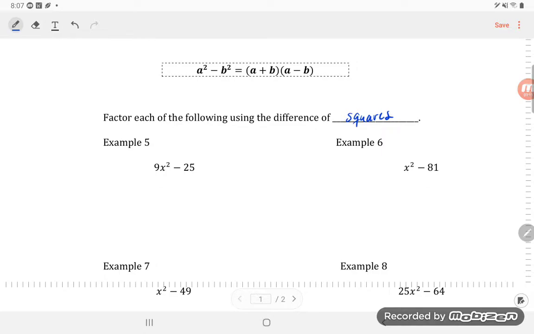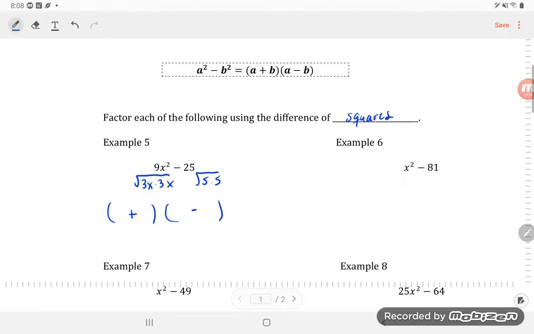So for example 5, I have 9x squared minus 25. Under my radical, I'm going to write 3x times 3x. And then under the second radical, I'm going to write 5 times 5. What's most important about this is I have two binomials. One of them will be positive, one will be negative.